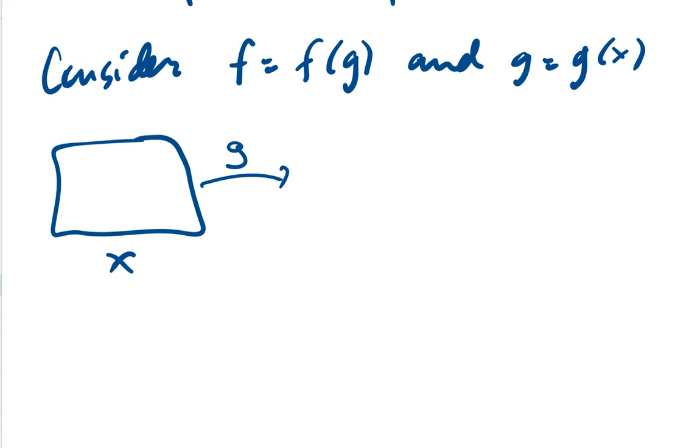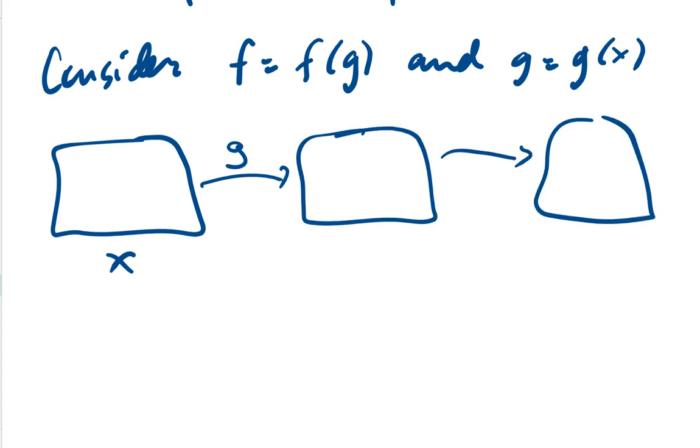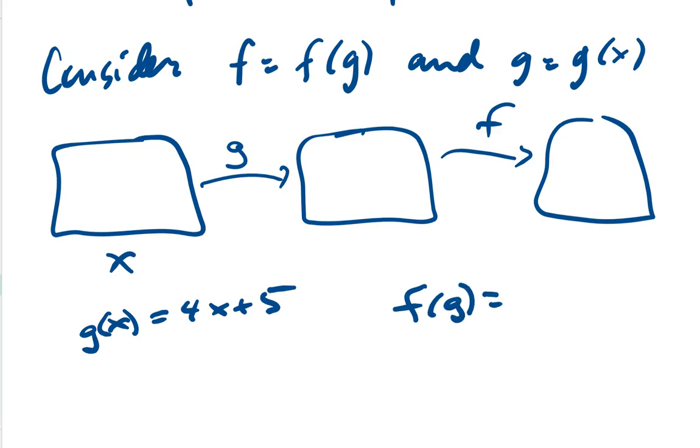G does something to them, and then f does something to those. So you could have something like g of x is 4x plus 5, and then f of g is x cubed.